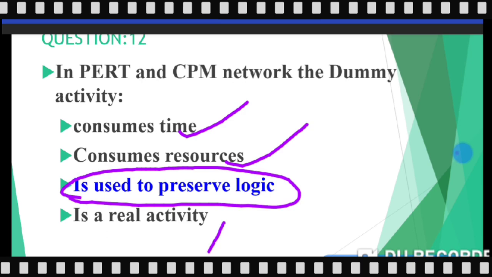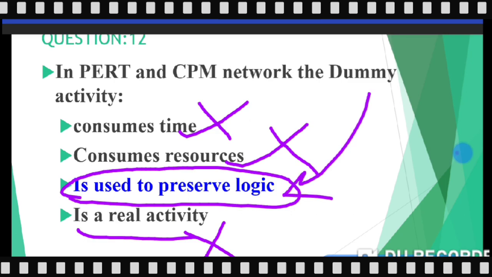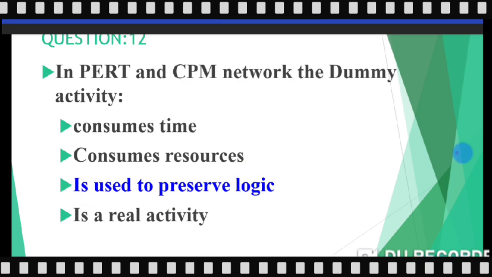It is also not a real activity. It is just used to preserve and maintain the logical sequence of different activities in a network diagram. Okay, so it is clear. Dummy activity is nothing, it is just used to preserve logical sequence. Okay, now we can go to question number 13.